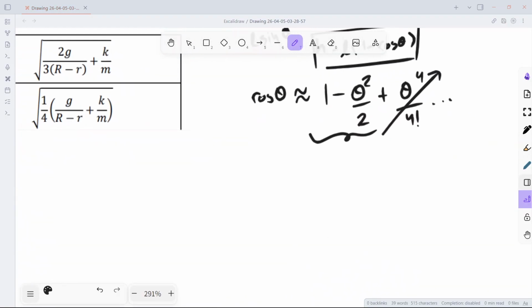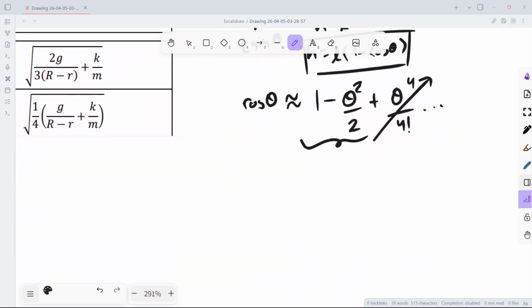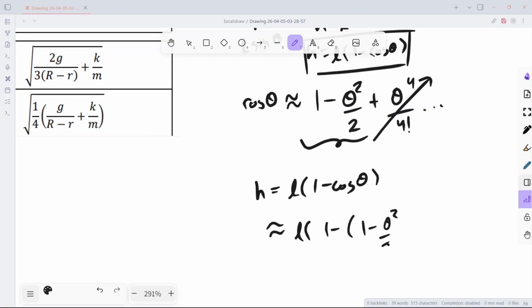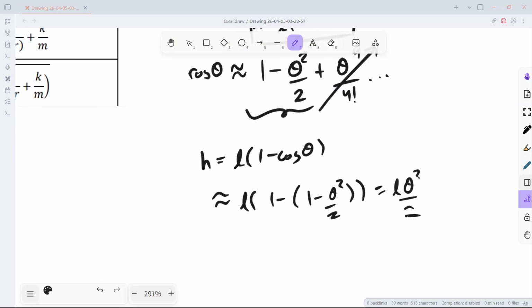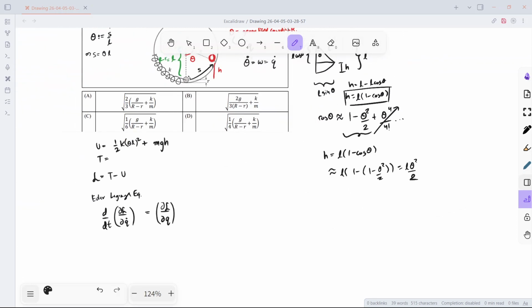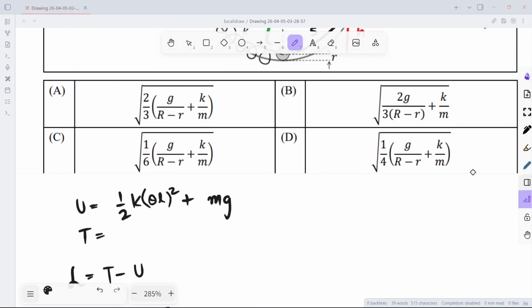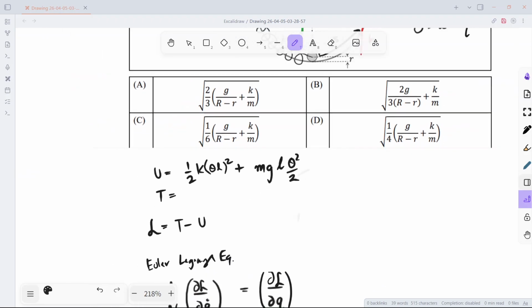So h, being equal to L times (1 minus cosine theta), will be about L times (1 minus (1 minus theta squared over 2)), and that will just be L theta squared by 2.